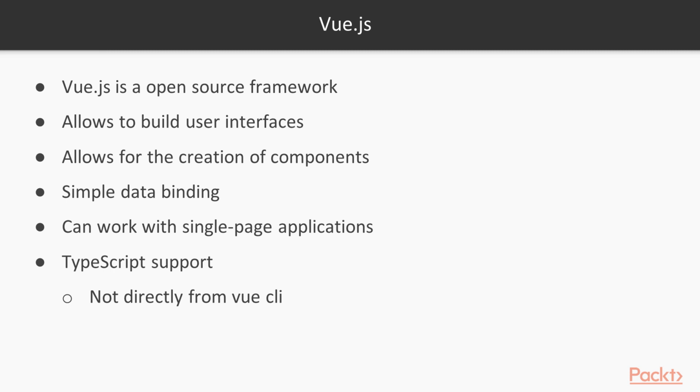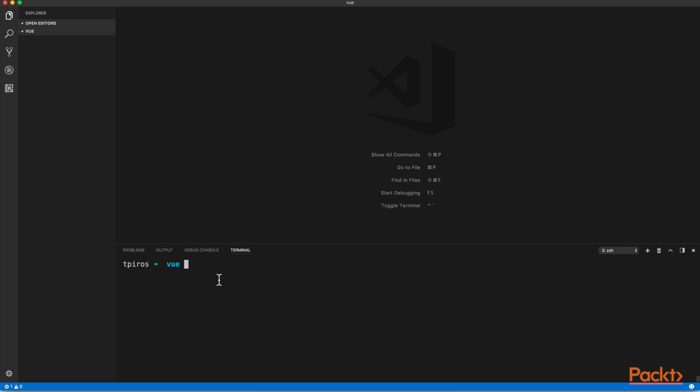At the time of the recording, the Vue.js CLI doesn't allow us to create a project template using TypeScript, so we'll take a look at how to do this manually. So the first thing that we're going to do is make sure that we have the right folder structure for our project.